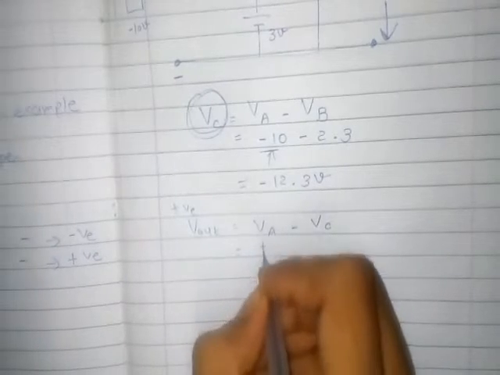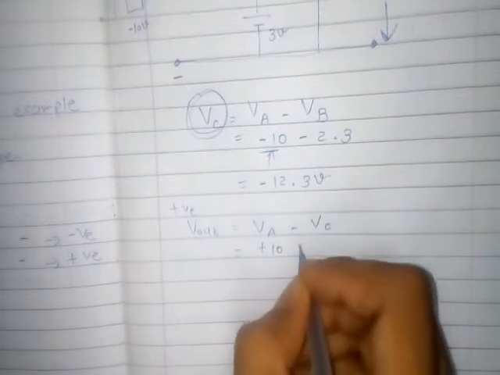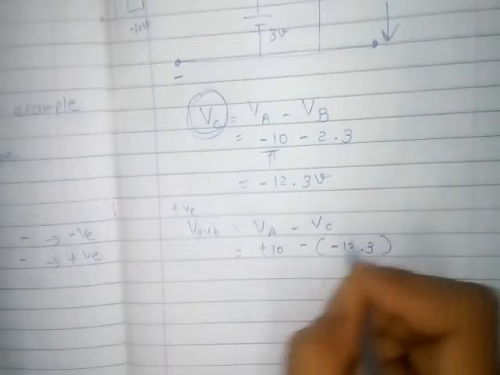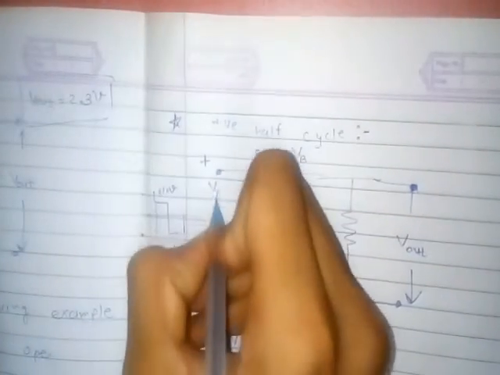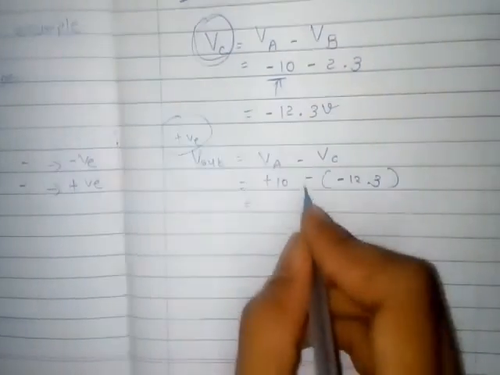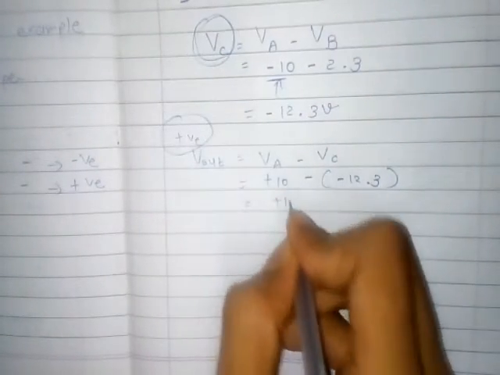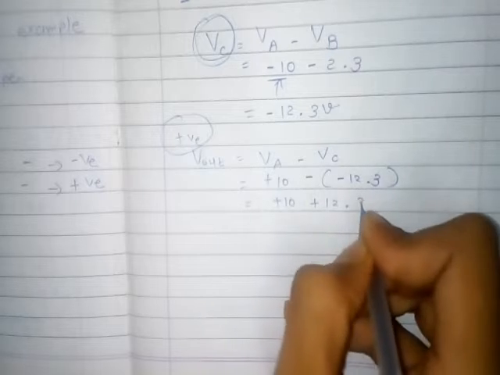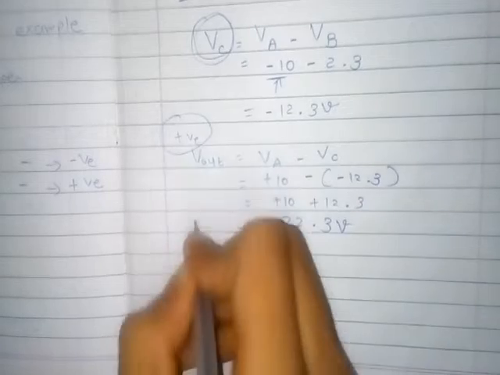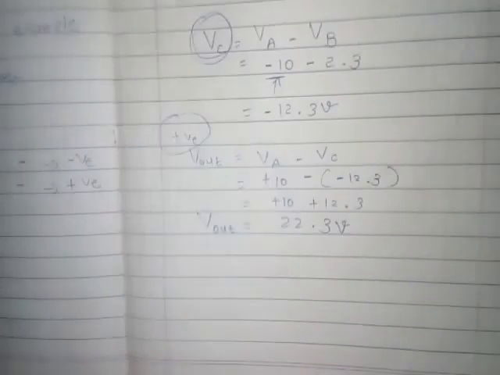VA is equal to plus 10 volt during the positive half cycle, minus minus 12.3 volt, the voltage across the capacitor. This is the formula for V out in the positive half cycle, so plus 10 volt plus 12.3 volt is equal to 22.3 volt, that is V out during the positive half cycle.